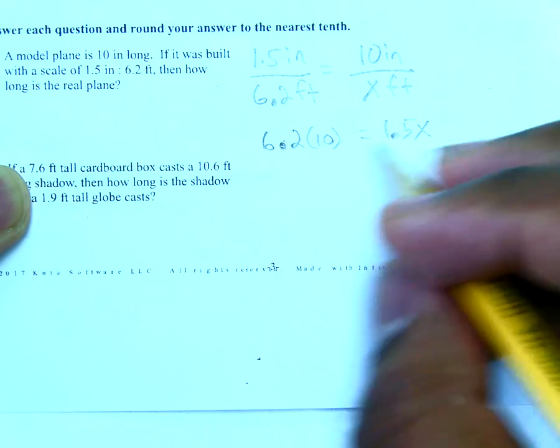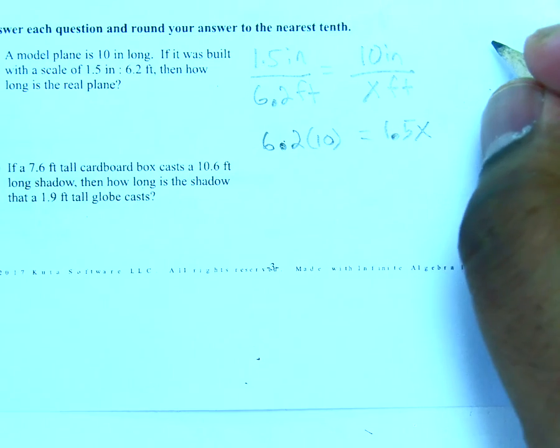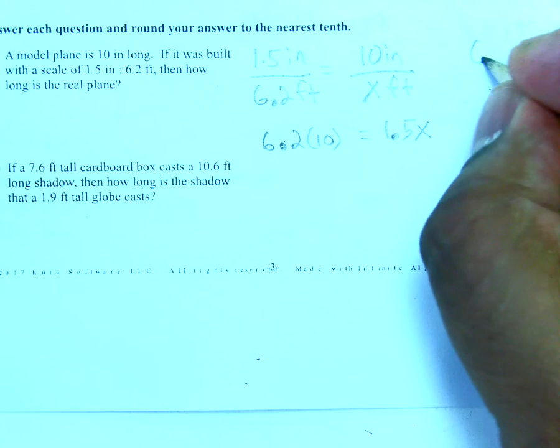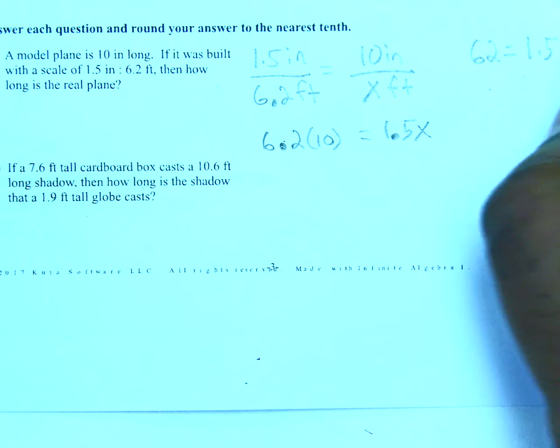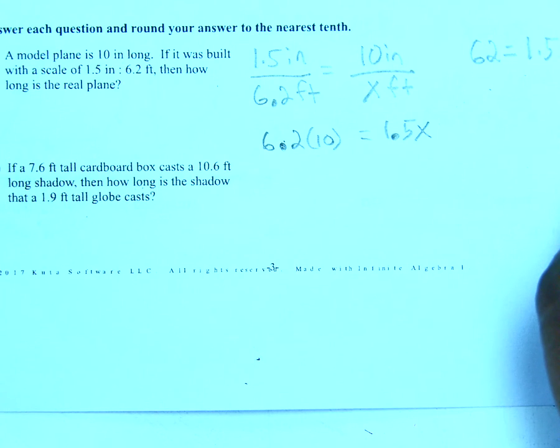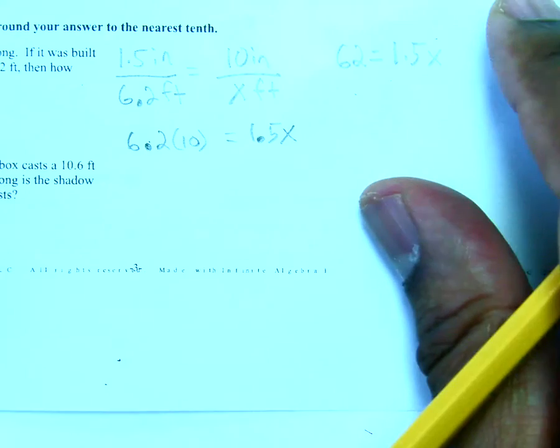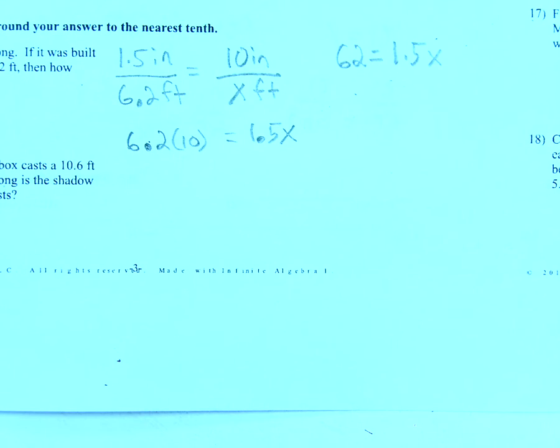Now, 6.2 times 10 would be 62 equal to 1.5x. Go ahead and divide.